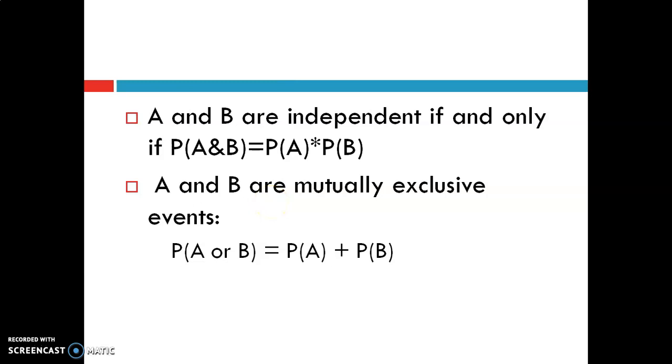And A and B are mutually exclusive events if the probability of A or B is equal to the probability of A plus the probability of B.